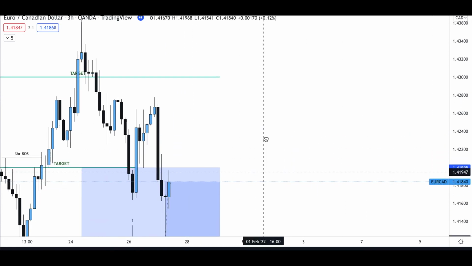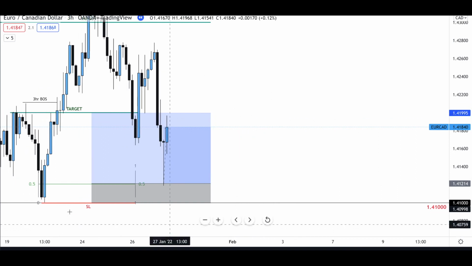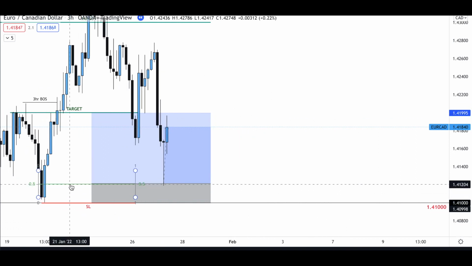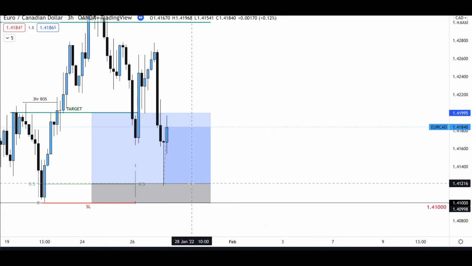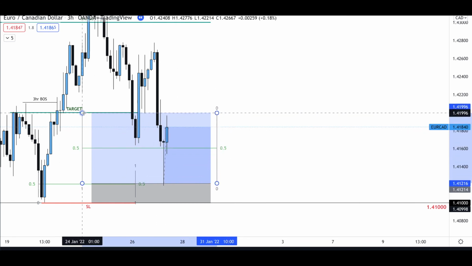Now, one of the things I want you guys to understand, whenever you're taking trades, another thing that you can utilize with this GAN box that we have, use that same GAN box and measure from your entry up to your TP. We want to take it from there up to here.